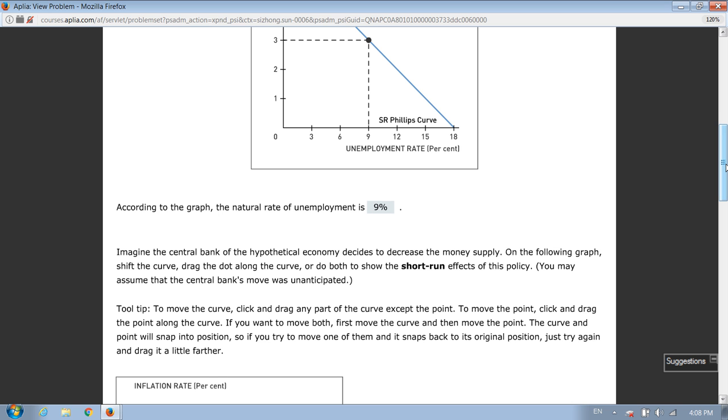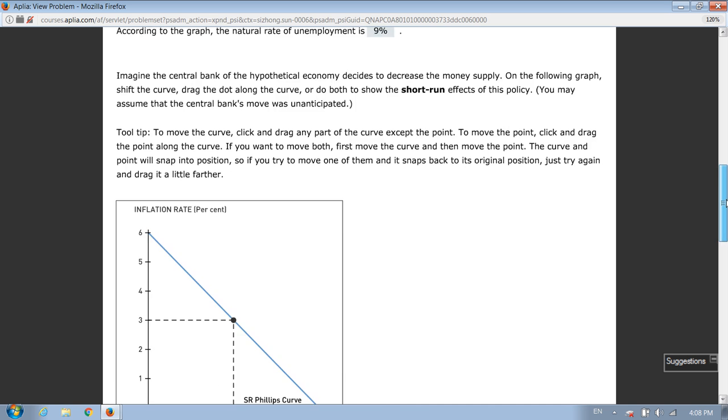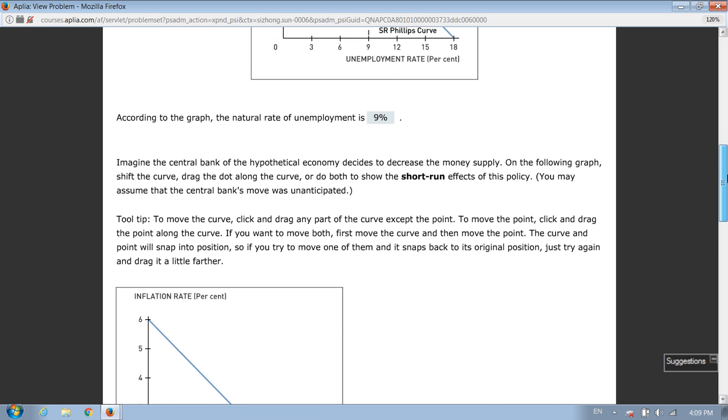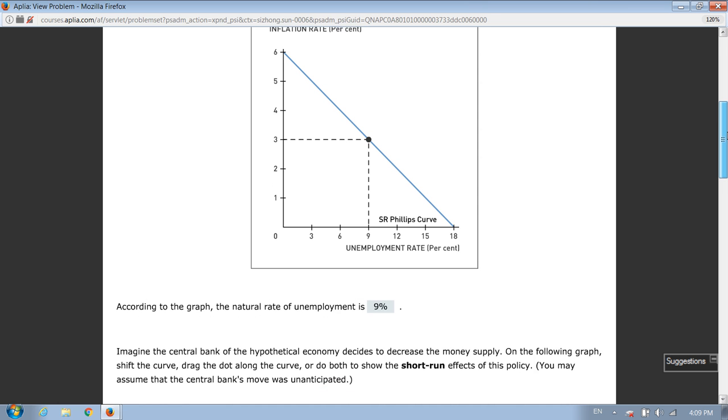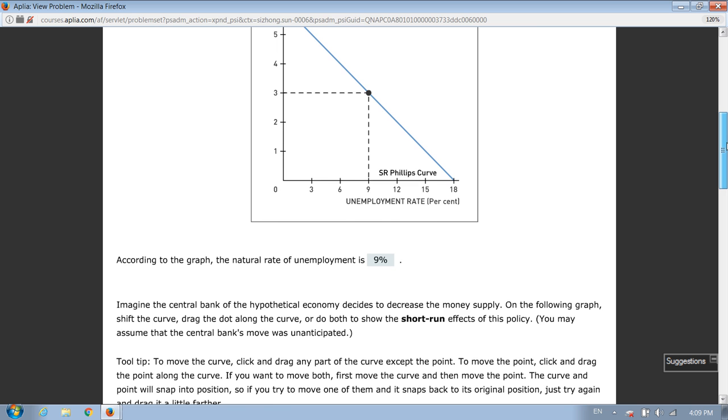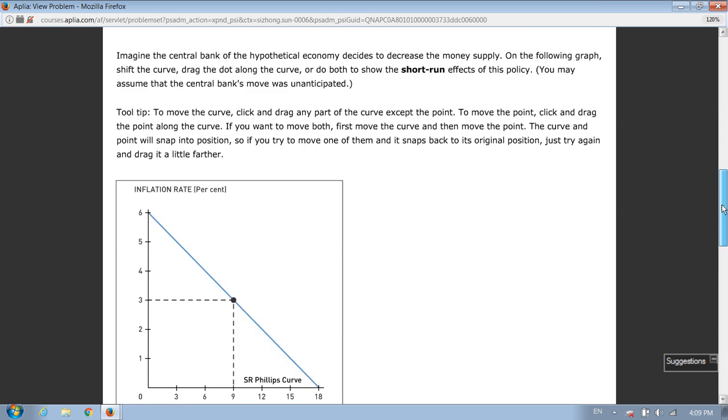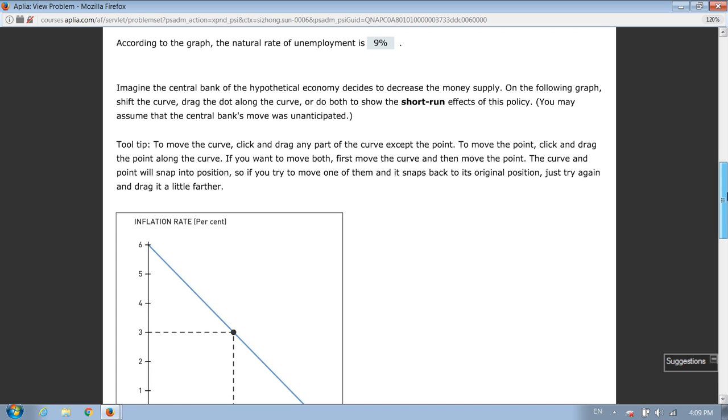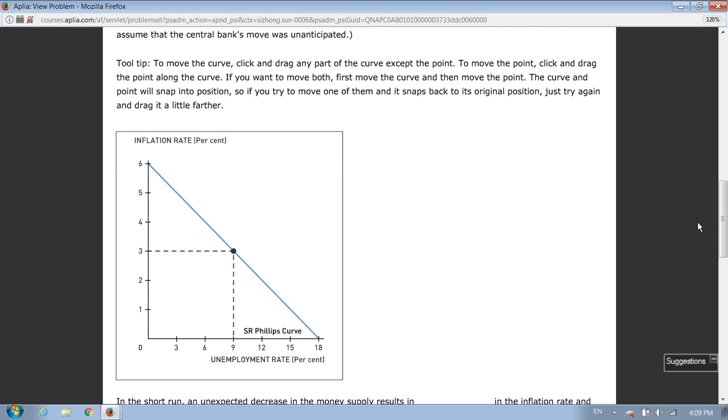Imagine the central bank of the hypothetical economy decides to decrease the money supply, so the interest rate goes up. On the following graph, shift the curve, drag the dot along the curve, or do both to show the short-run effect of the policy. The central bank decreased the money supply, which increased the interest rate.